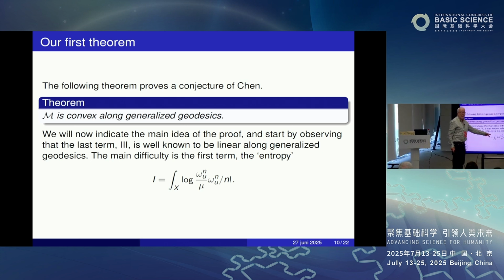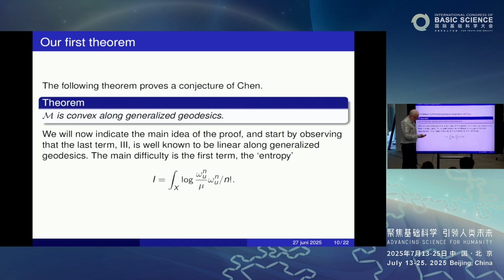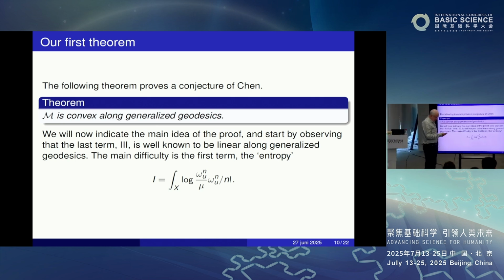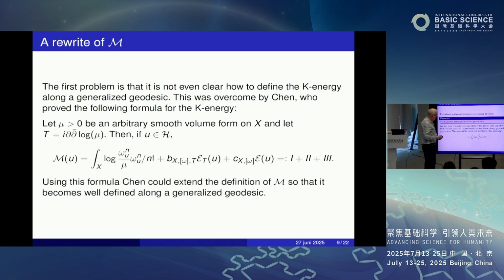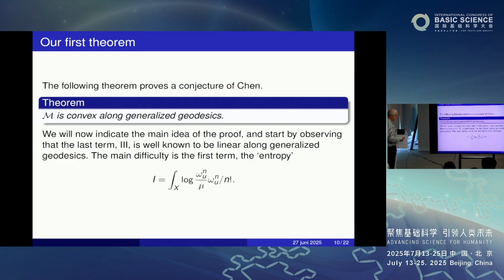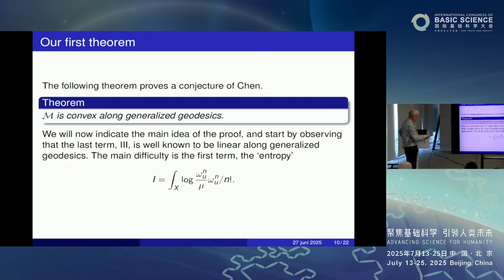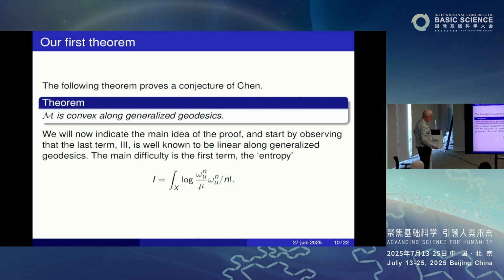My co-author, Robert, who knows, well, at least claims to know a little bit of physics, says that this is like energy and this is like entropy. And in comparison with thermodynamics, this should be called the free energy of something. So at any rate, it's the entropy term here that's the main difficulty in the argument.